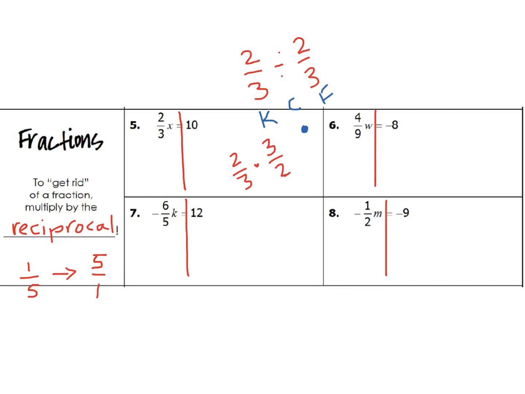So I am ultimately going to have to multiply by the reciprocal. So I just cut out that middle work for you, and I'm just teaching you that we're going to multiply by the reciprocal. But this is why we're doing that, all right? So let's do that to both sides. I'm going to multiply both sides here by 3/2.